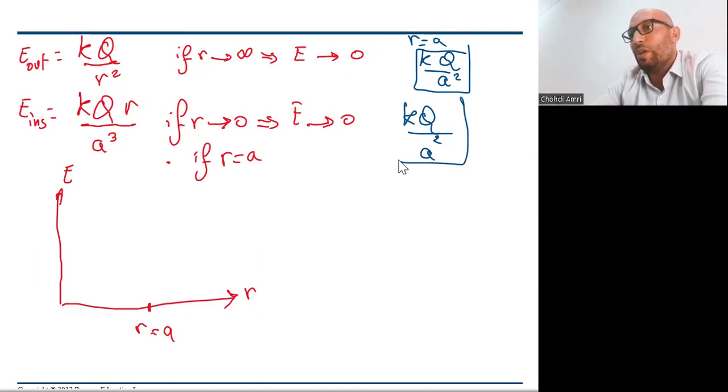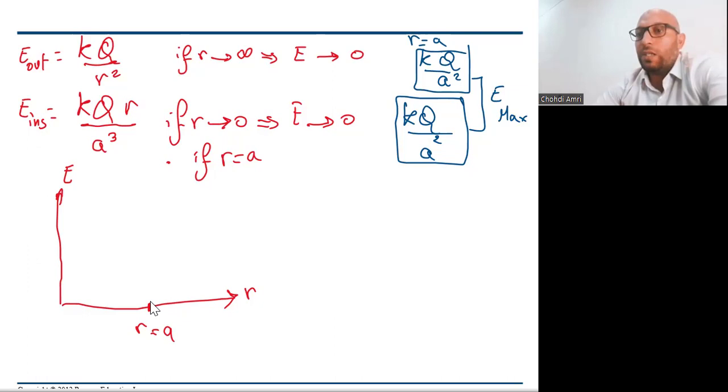So we have the same expression, and we call this electric field E max. The maximum electric field is when R equals A, and it's equal to KQ over A squared. This is called E max, the maximum electric field.